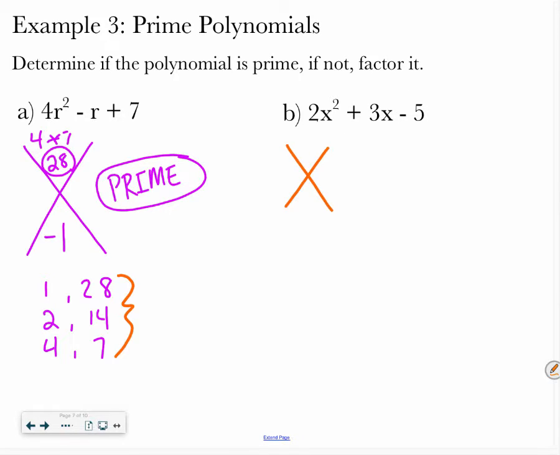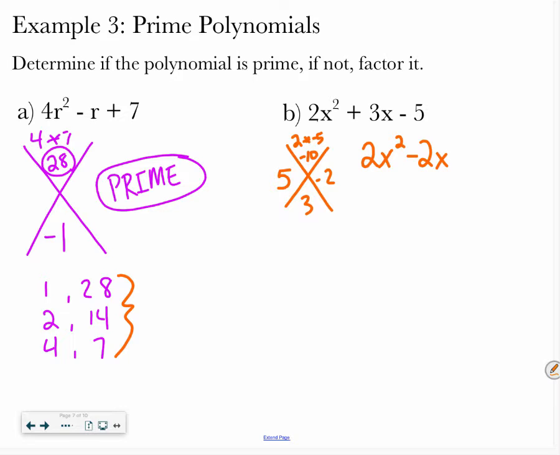So I have something that adds to 3 and multiplies to a 2 times -5, or a -10. So what multiplies to a -10 and adds to a positive 3? That would be a positive 5 and a -2. So if I write my 2x squared, I'm going to switch my order and put 2x there since I already have a 2.